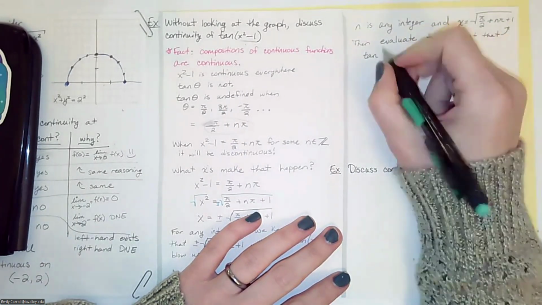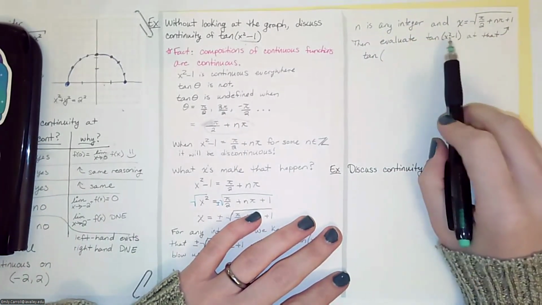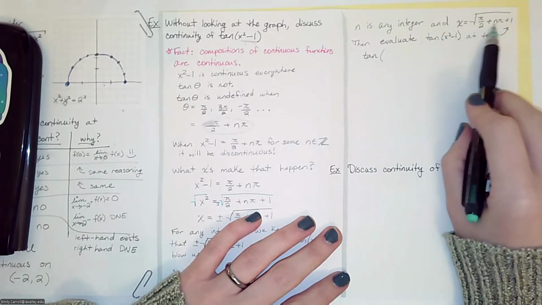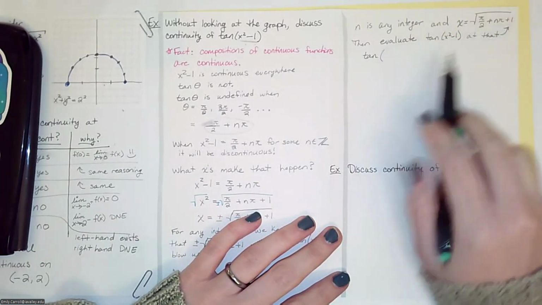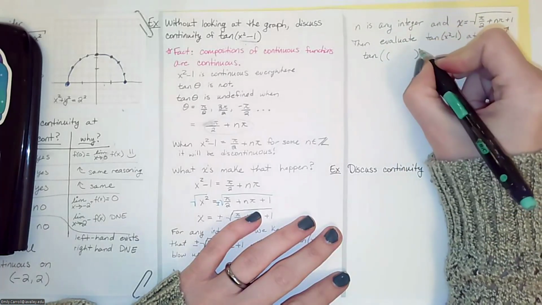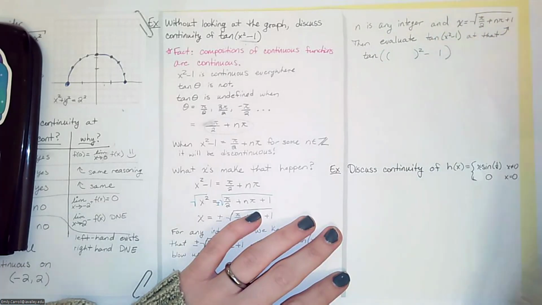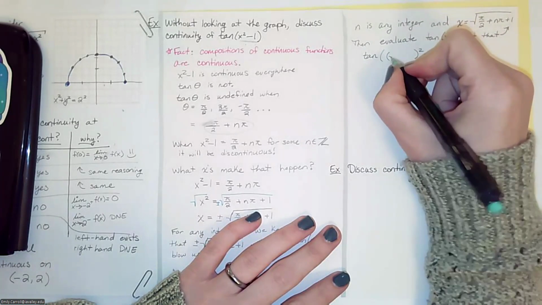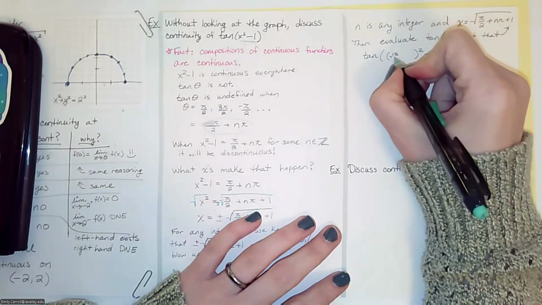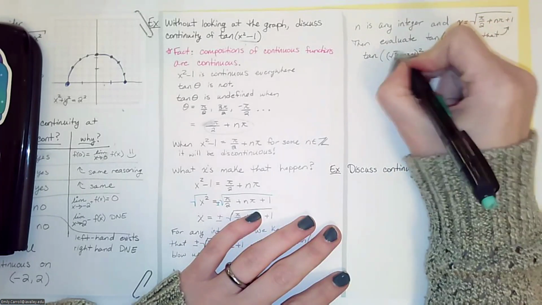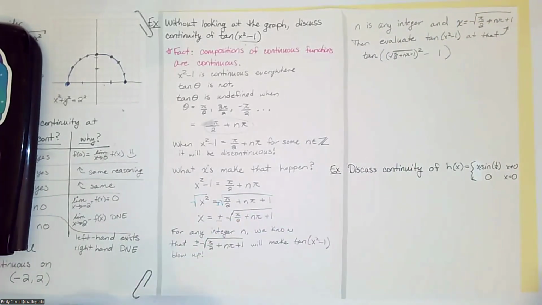You have tangent of this x here is going to get replaced with what I declared it's equal to. So tangent of x squared minus 1 is tangent of a quantity squared minus 1, where the x is getting replaced with that big ugly square root. Right?